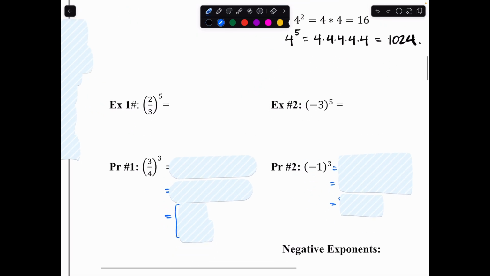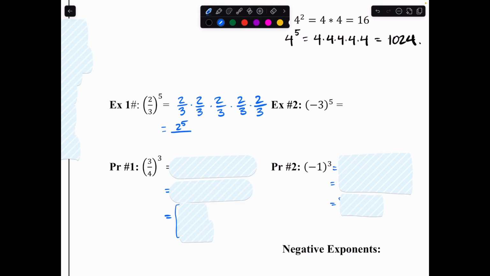We have our base, which is 2/3, and our exponent is 5. So we're going to take 2/3 and multiply it by itself 5 times. So we have 2/3 times 2/3 times 2/3 times 2/3 times 2/3. And we multiply fractions straight across, so we're going to have 5 2's multiplied together in the numerator, that's 2 to the 5th power.